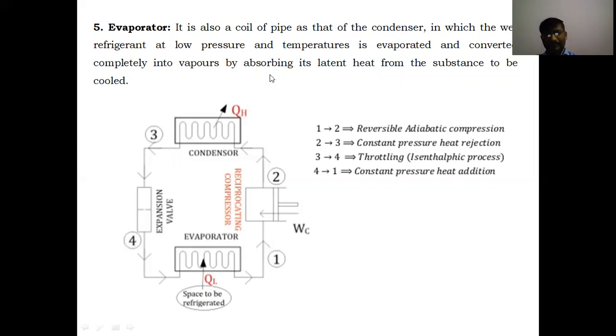The remaining liquid particles also, by absorbing the heat from the required space, are completely converted into vapor. So at condition 1, the refrigerant is vapor after the evaporator, completely vapors by absorbing its latent heat from the substance to be cooled.